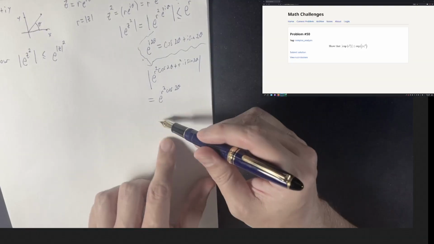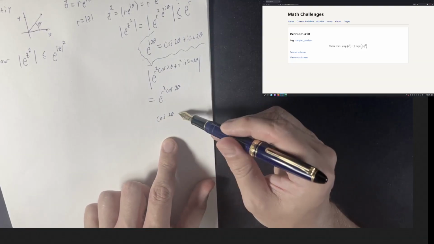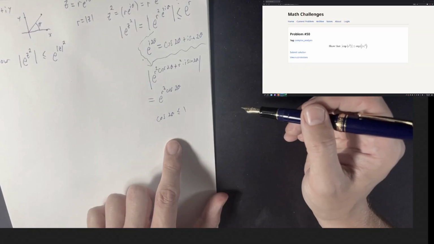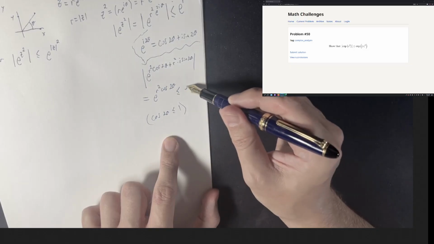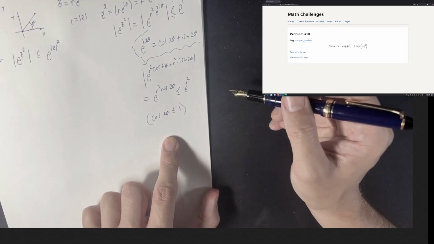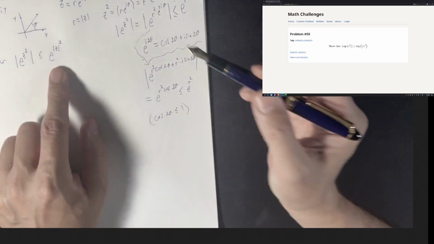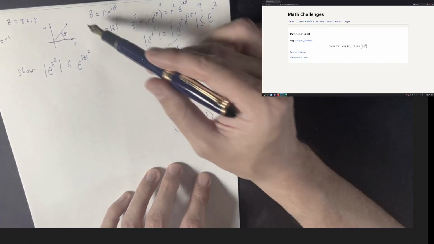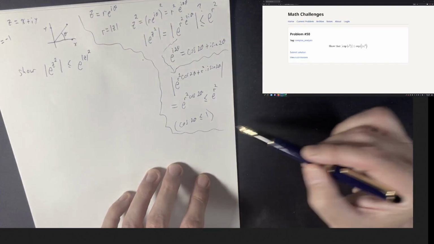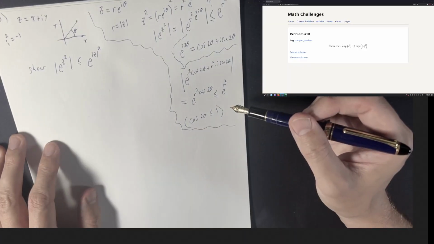And we're done because cos, of course, is less than or equal to 1. So we immediately get that this is less than or equal to e to the r squared. And we're done. That's what we were trying to show. I hadn't thought about it before in polar coordinates, but it wasn't bad at all.